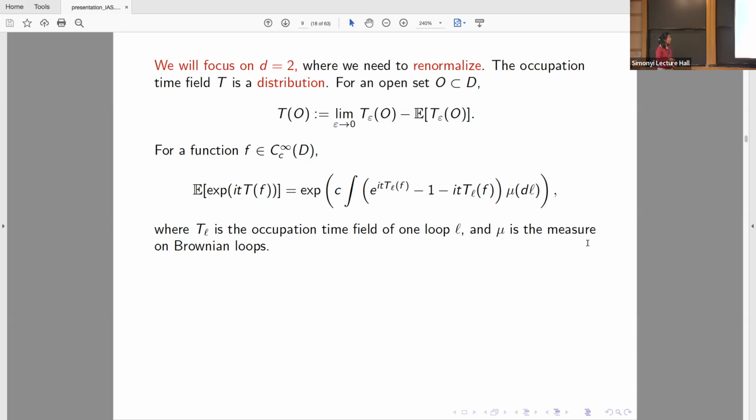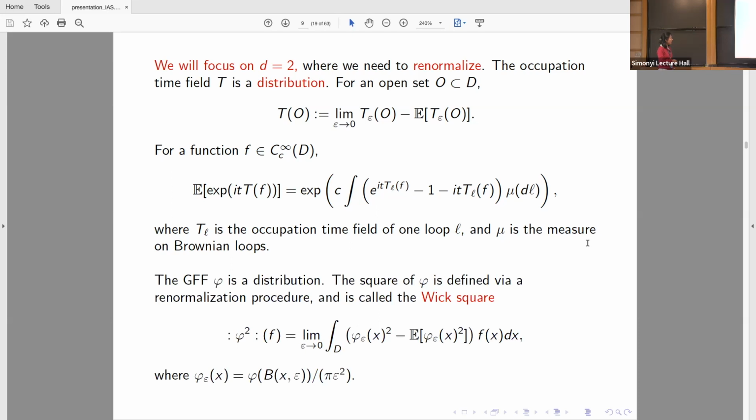A different way to give the same definition is to look at the characteristic function of the integral of the local time field with any function f, which is given by an integral formula where mu is the measure on Brownian loops, and T_L is the occupation time field of one Brownian loop.